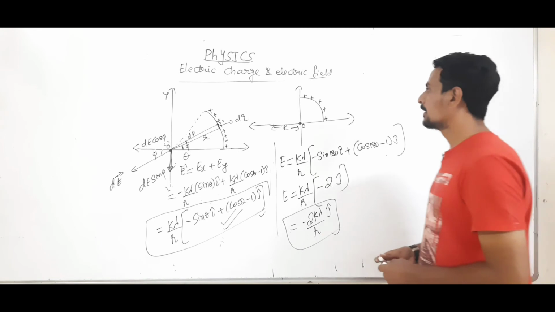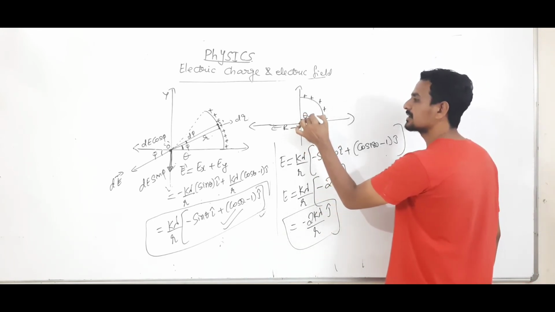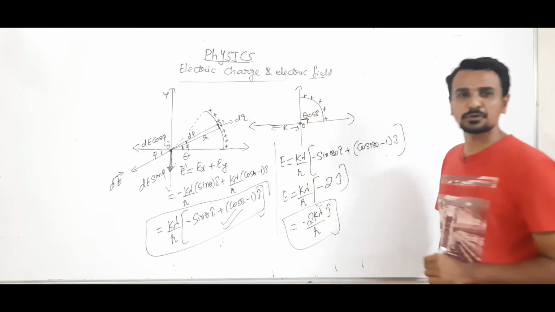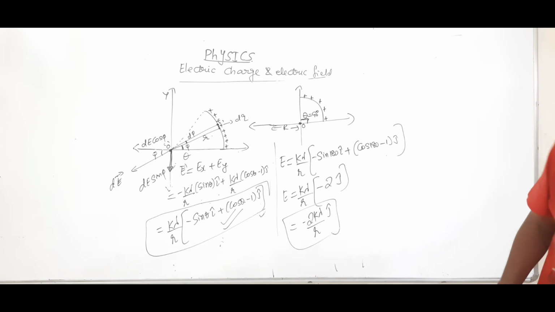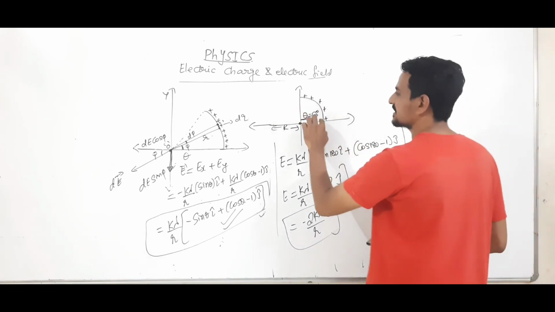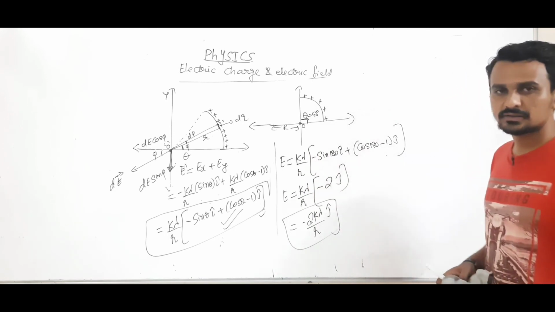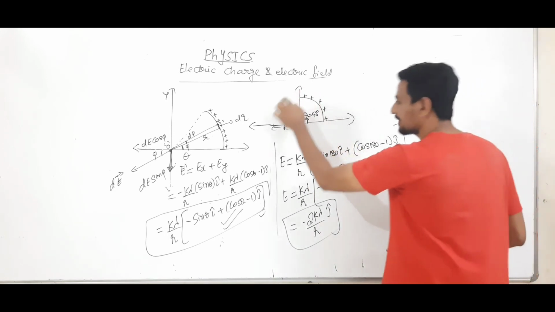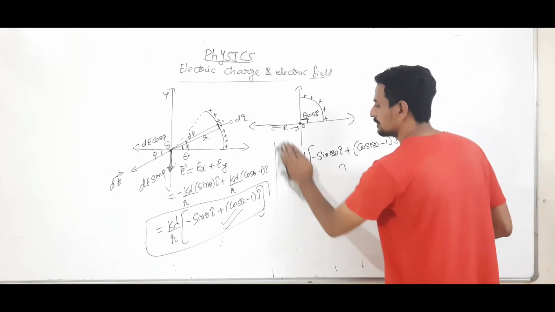Okay, fine. So now if this is the question, then you will need to substitute theta equals 90 degrees. Similarly, this kind of question can be solved. If this is the case, then substitute theta equals 3 pi by 2, 270, if charges are distributed up to here. Okay, fine.